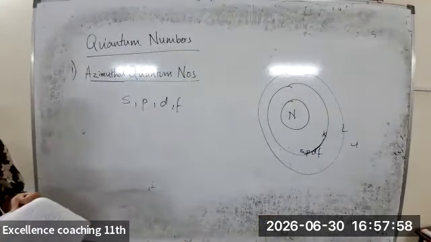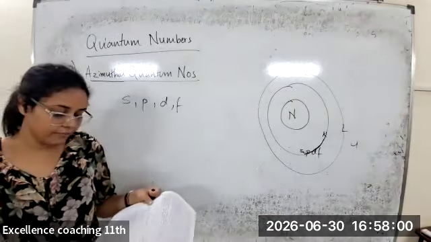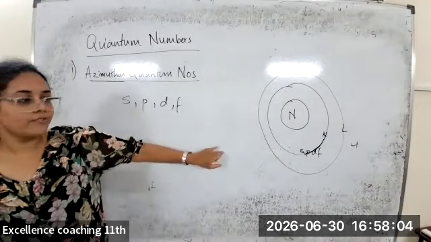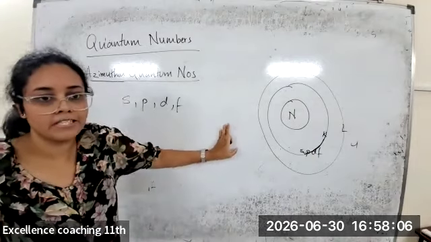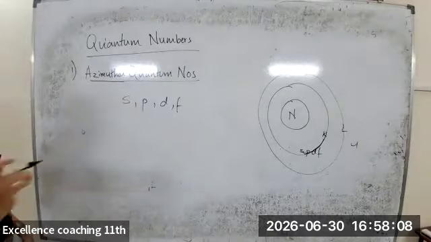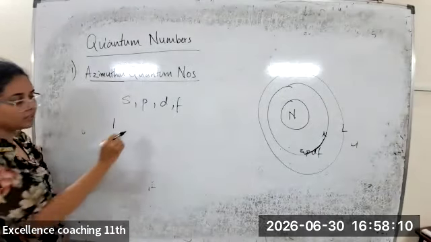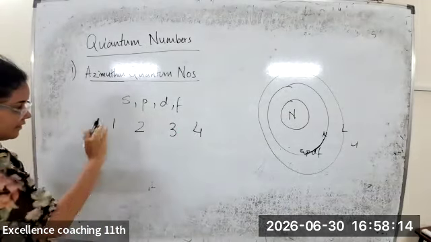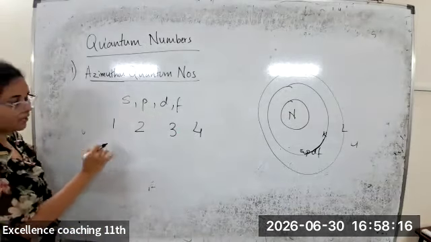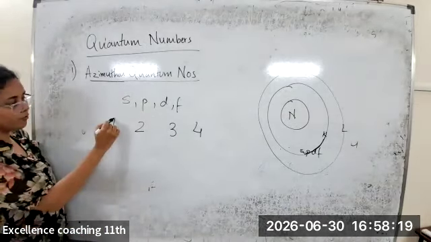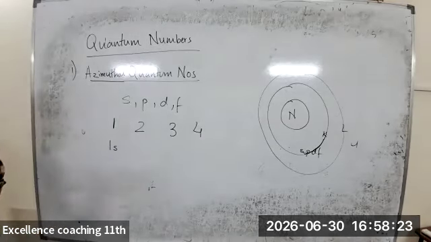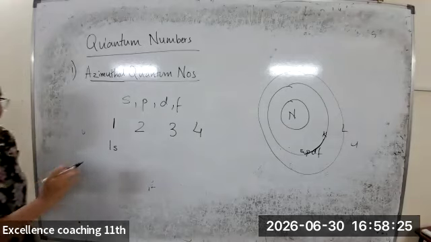And we also see that if I keep my principal quantum number the same, like 1, 2, 3, 4, then I will have further subshells. For principal quantum number 1, I will have 1s.